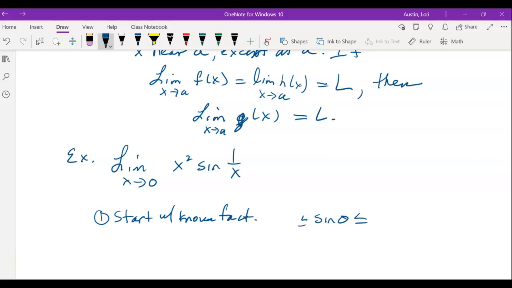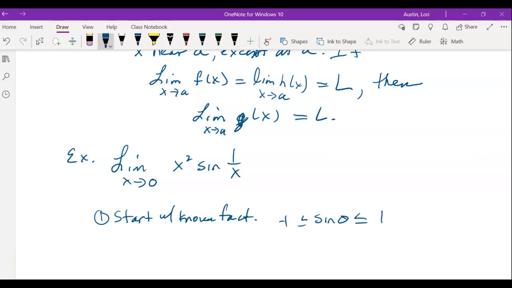No matter what you plug into a basic sine, the answer's restricted between which two values, everybody? 1 and -1. So your known fact is, hey, sine of theta, no matter what theta is, has to be between negative 1 and 1. Y'all agree with that? Make sense? There's my known fact.